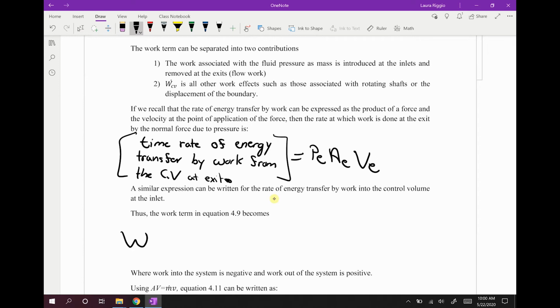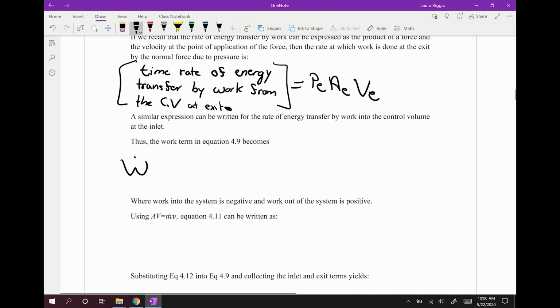So the work in our energy balance equation can become the work of everything else plus the flow work out minus our flow work in, where work into the system is negative and work out of the system is positive.